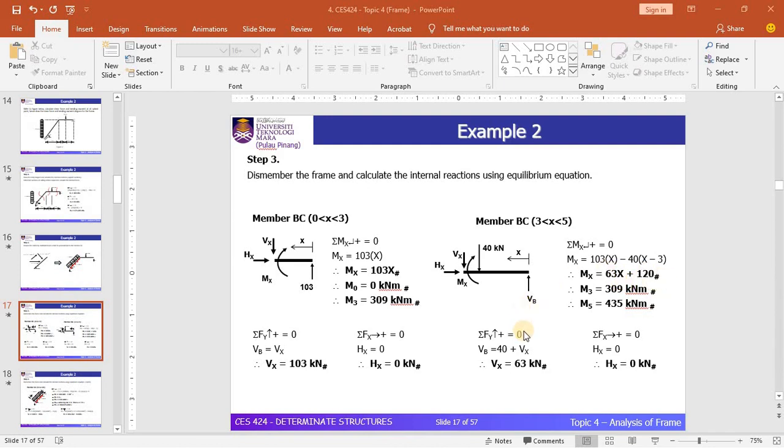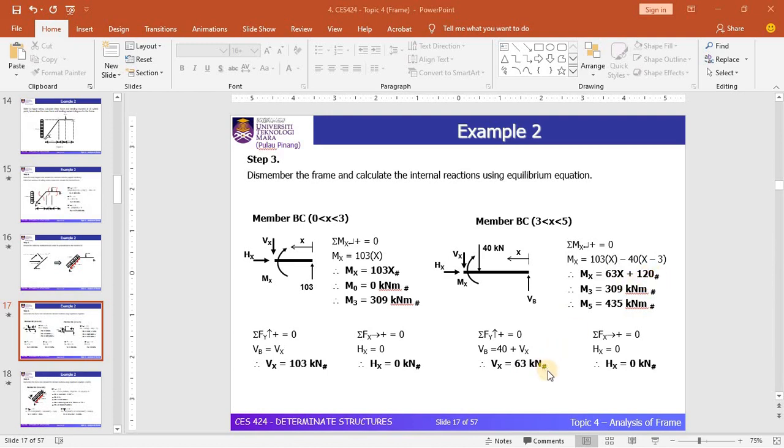By considering the summation of force in the vertical, you will get the equation of shear force, which is equal to 63 kilonewton. You can cross-check this equation of shear force by differentiating the equation of moment: 63x differentiates to 63, and the constant 120 differentiates to 0.